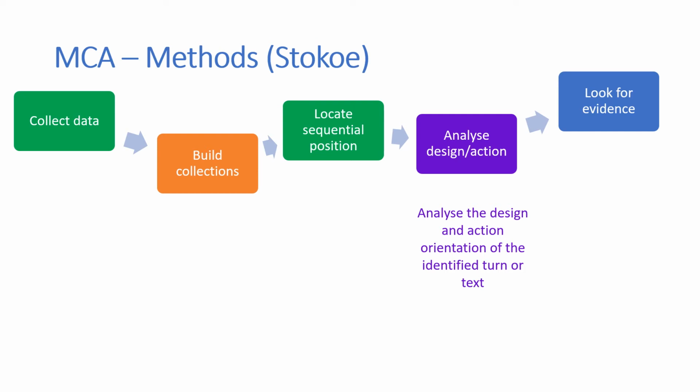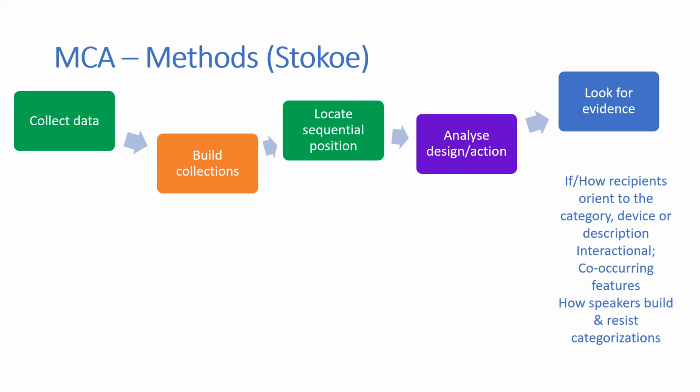So once we have located the sequential position of this category work, whether it's at the beginning, the ending, where does it occur in that particular type of interaction, we want to look at the turn. What is the action that is being performed in that turn? For example, is it an accusation? Is it resisting an accusation? Is it asking a question? And so on.